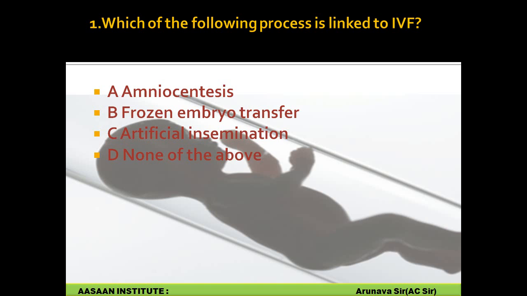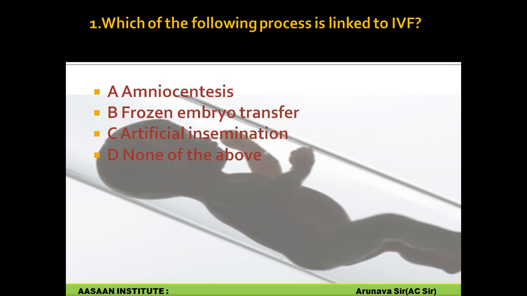Artificial insemination means we inject the sperm into the female body, but at that time the fertilization happens inside the female body. But in vitro means fertilization happens outside the body.